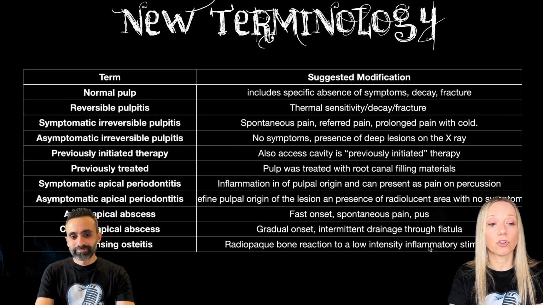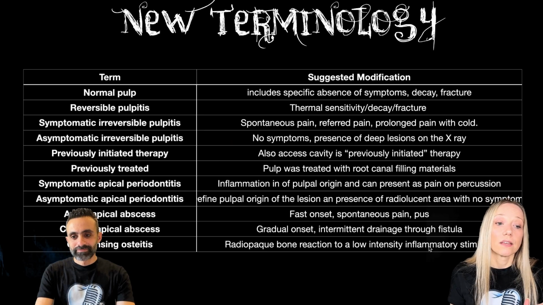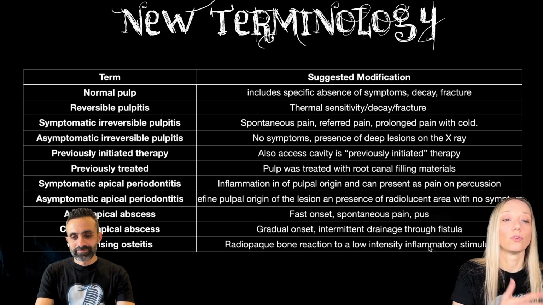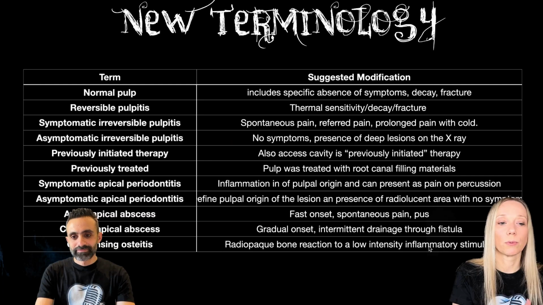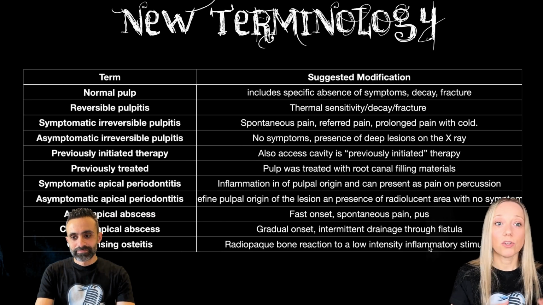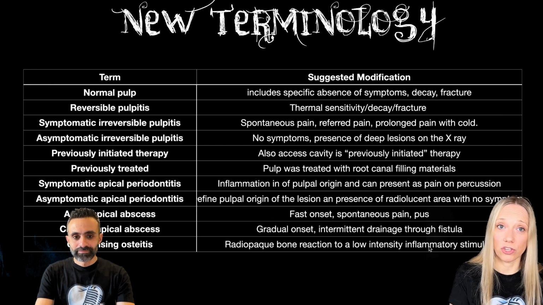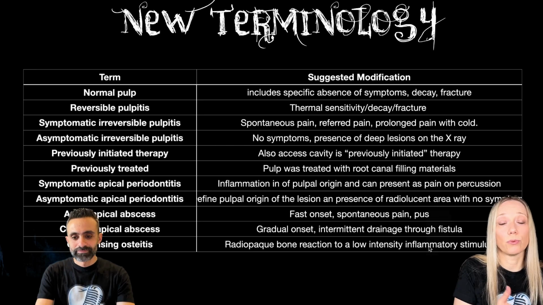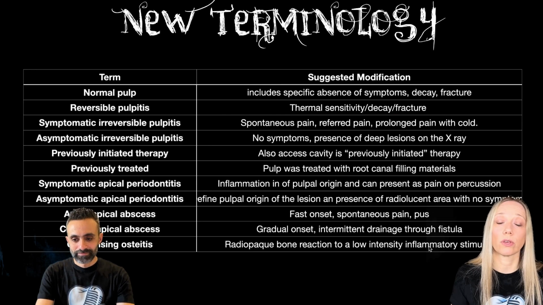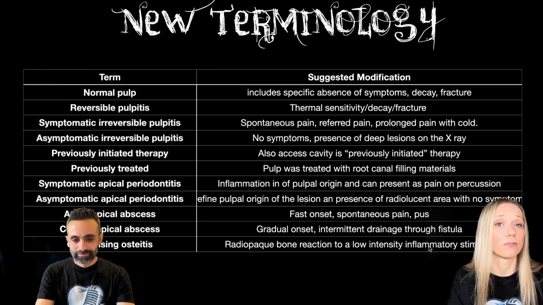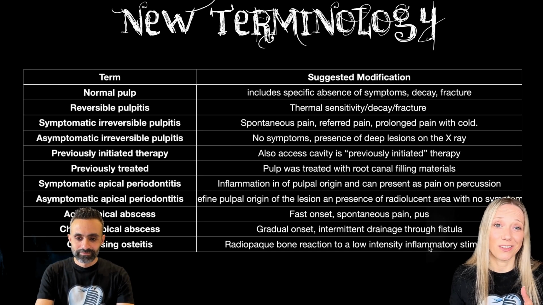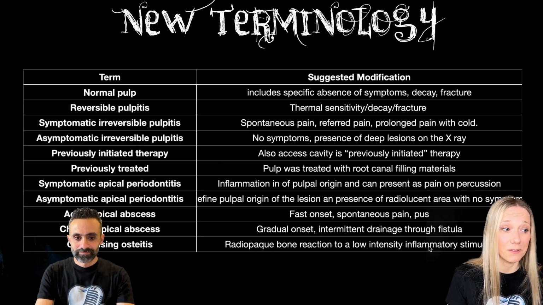And then the article tried to define the terms normal pulp, reversible pulpitis, etc., in order to give clarity, because most of the time we have to communicate with patients, but sometimes we also have to communicate with colleagues, and when we communicate with a colleague for a referred patient, for example, we need to write down our diagnosis and we should use the appropriate terms, in my opinion.